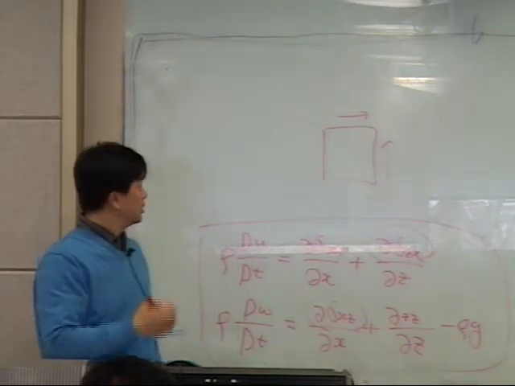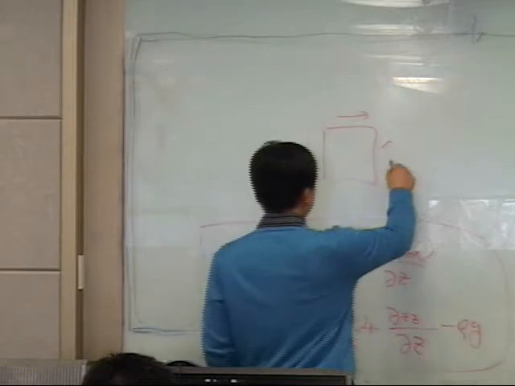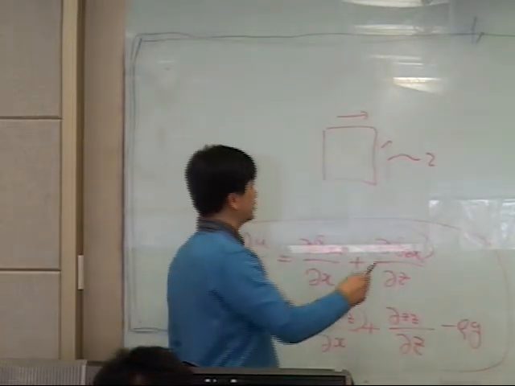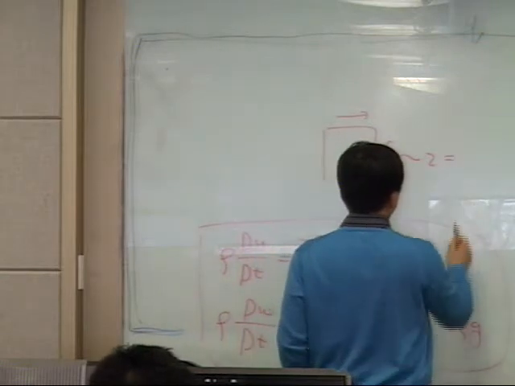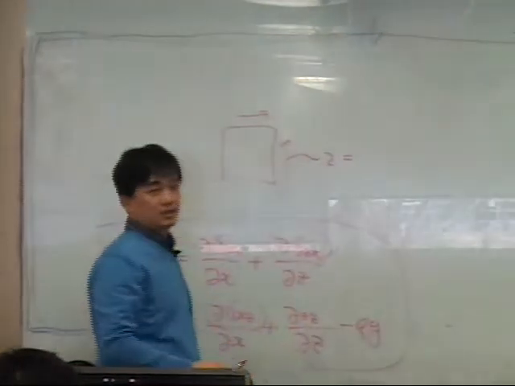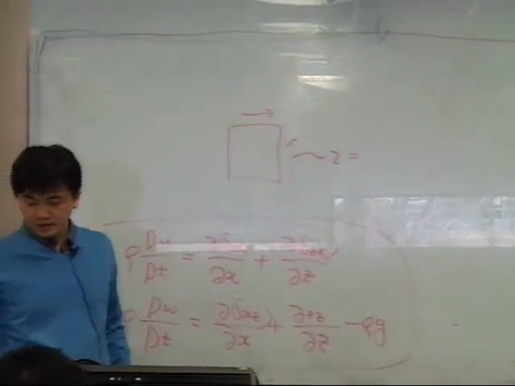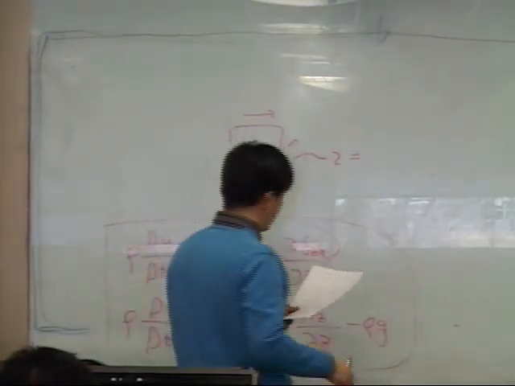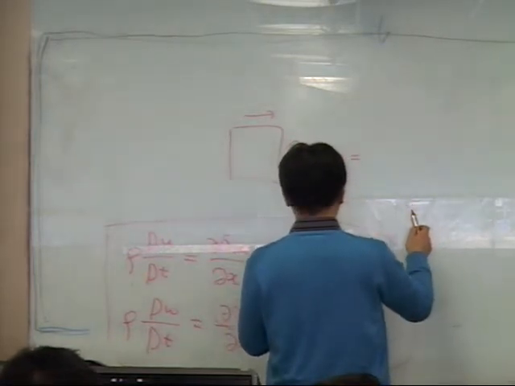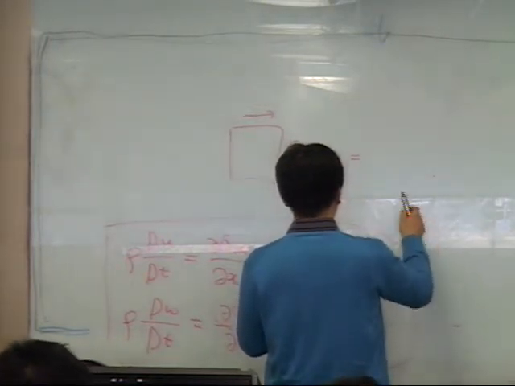Okay? Let's say this shear stress is tau. This shear stress is a function of the velocity in that direction. Actually, not a function of velocity, it's a function of strain rate.